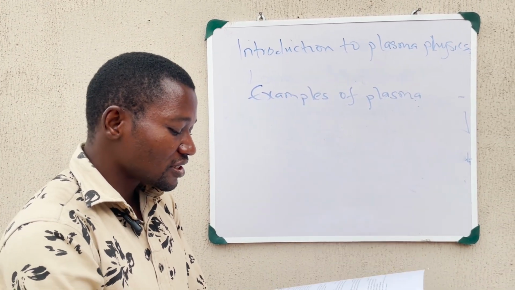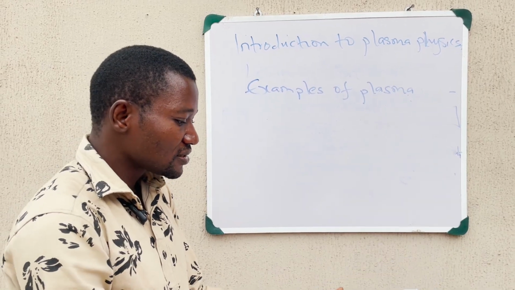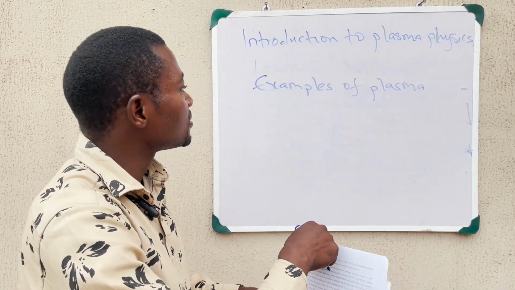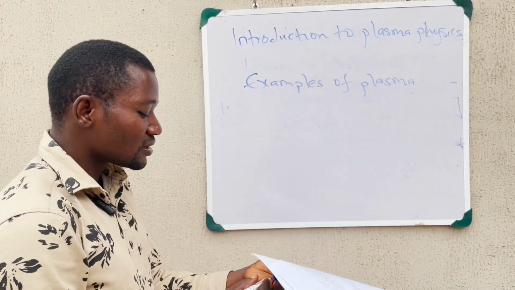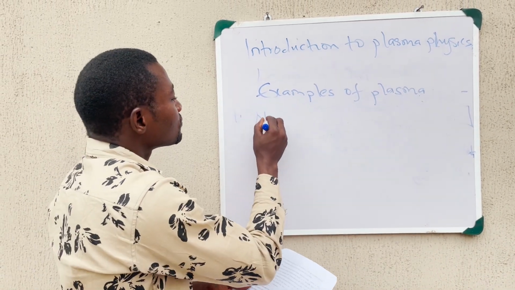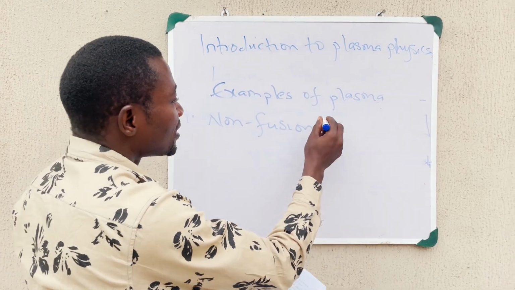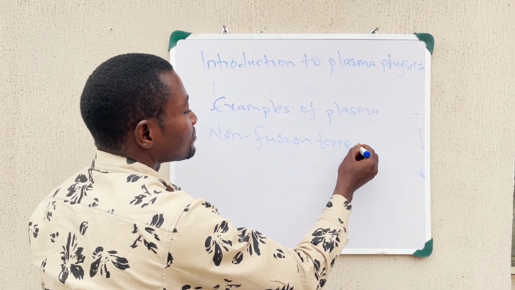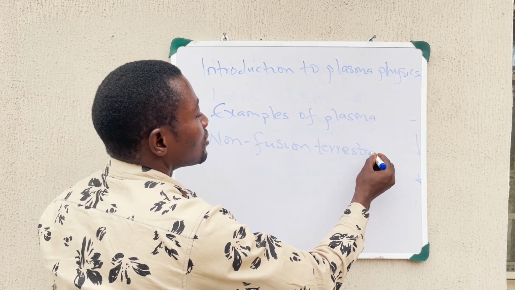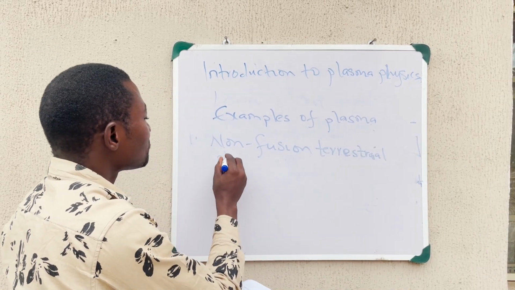Here we can classify them in three ways. The first one is non-fusion terrestrial plasma.